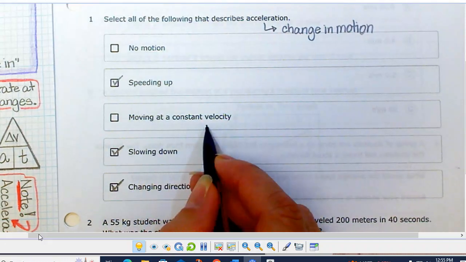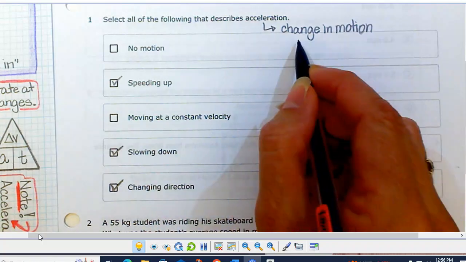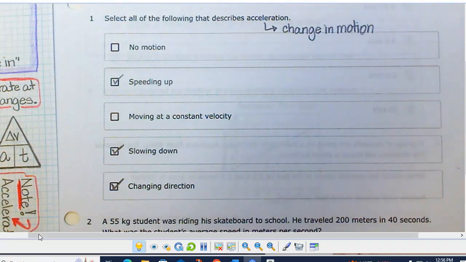Moving at a constant velocity means it's not speeding up, slowing down, or changing direction. So there is no change in motion. This object's moving, but it is not changing the way it's moving. An object slowing down, it's changing the way it's moving. And then changing direction. Yes, it's changing the way it's moving because its direction is changing. So those three qualify as acceleration.